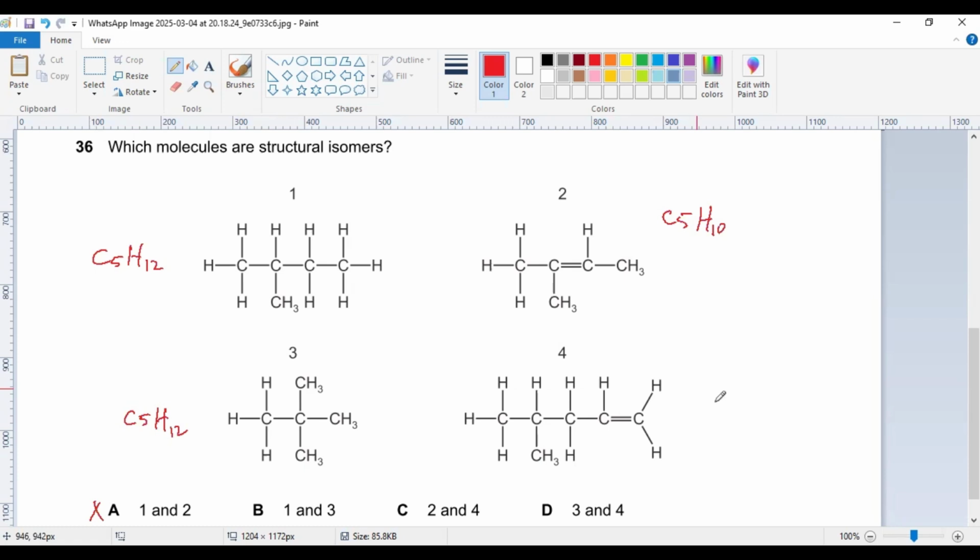There are 6 carbon atoms, so it cannot be an isomer of any of these. So definitely, if you are willing to write the complete molecular formula, you can, but we can answer immediately. The molecular formula would be C6H12. So the correct answer is B.